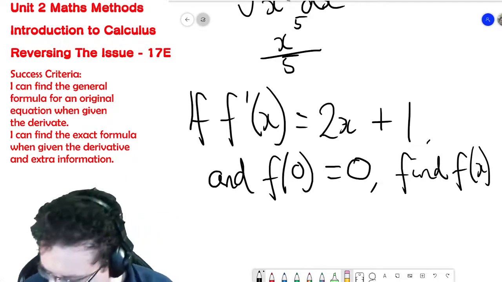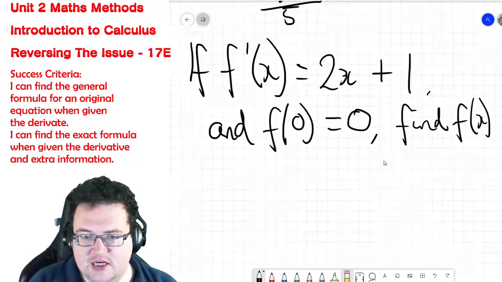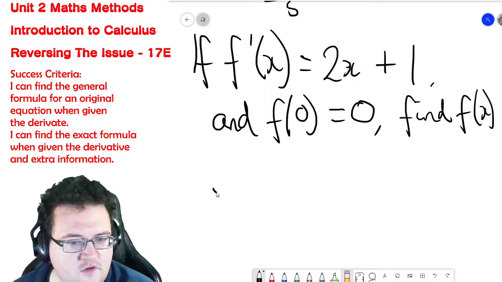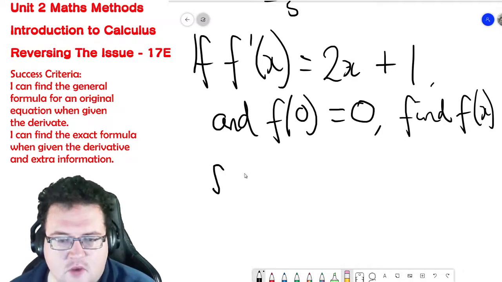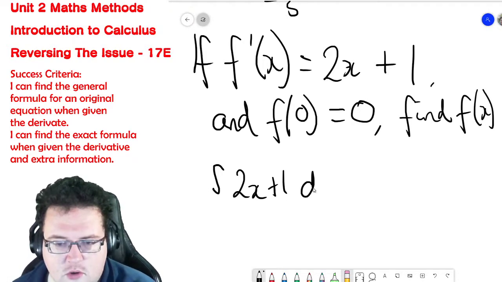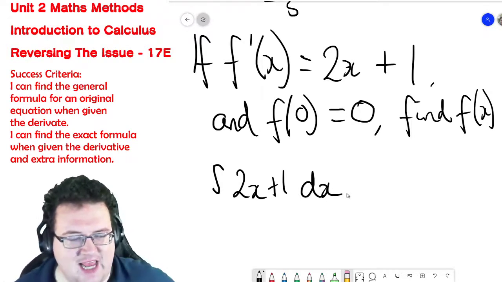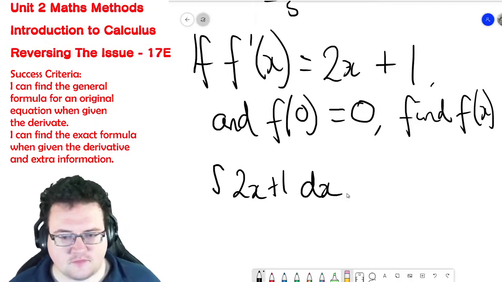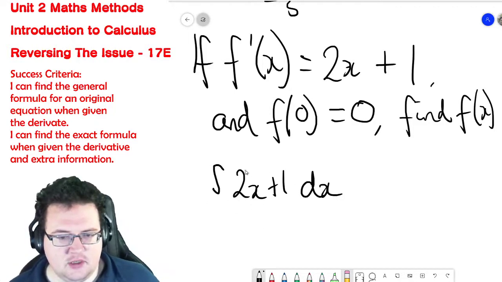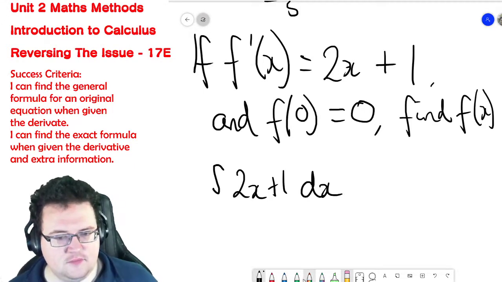So what we need to do is anti-differentiate. Keep getting those two words mixed up. We need to anti-differentiate 2x plus 1 with respect to dx. So what I need to do is add 1 to the power and divide by the new power.